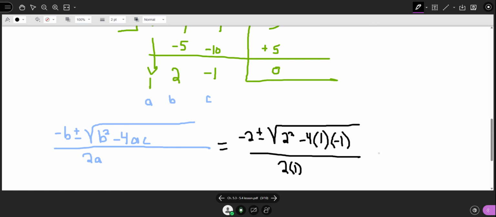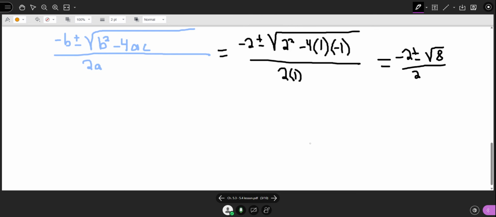Now, so that gives us -2 plus minus square root of 8, and 2 times 1 is 2. Now, not so nice, just saying.